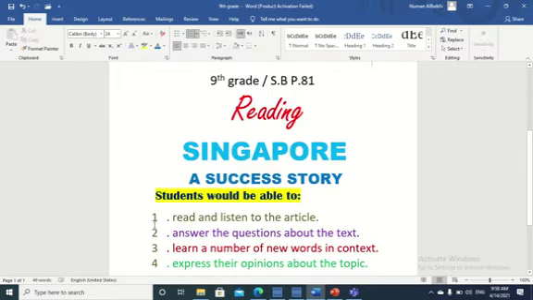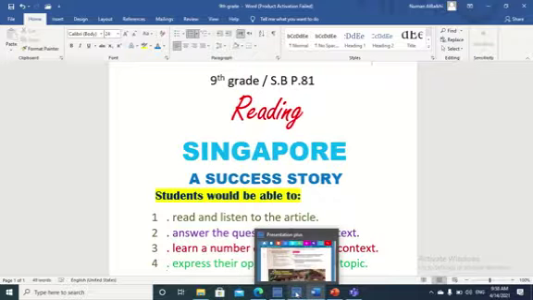So in this text, students will be able to read and listen to the article, answer the questions about the text, learn a number of new words in context, and express their opinions about the topic. Okay, so let's move directly to your student book.